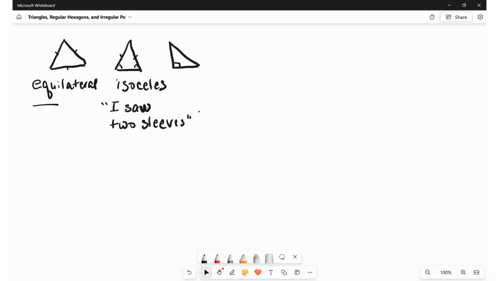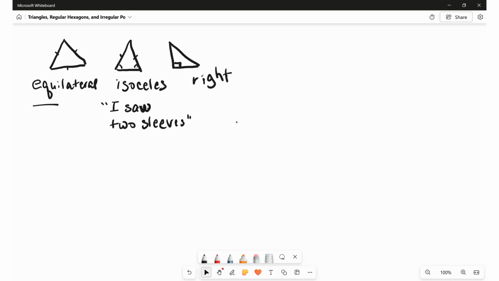So, kind of a little rhyme for isosceles. I saw two sleeves, because when we think about sleeves, they're usually equal length. Okay. And this last one is a right triangle. It is a right triangle because of this right angle here.